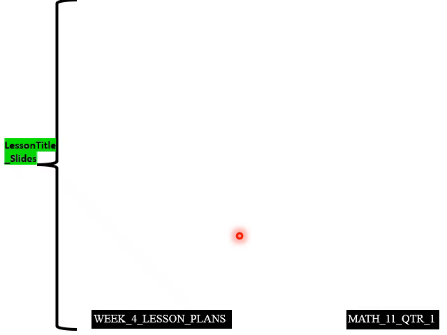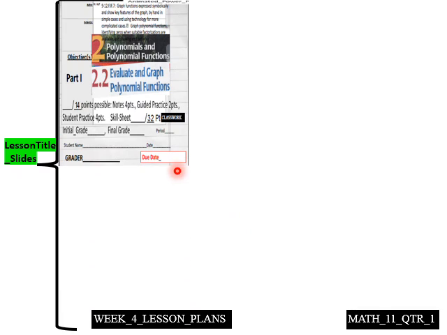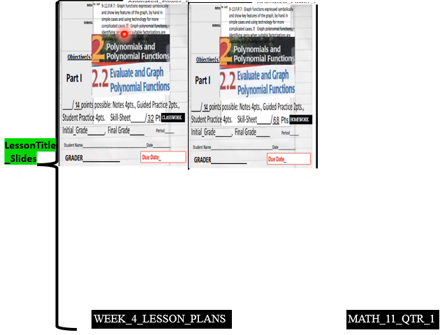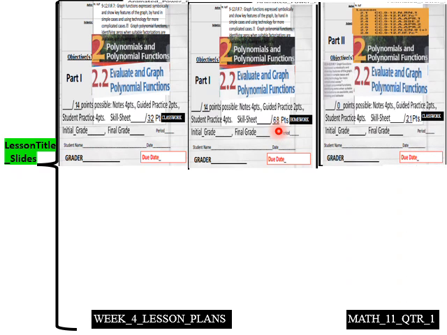And then we move on to 2.2, Part 1 classwork, 32 points, 14 points of note-taking. We go into FIF now for 2.2. And 2.2, Part 1 homework, 68 points of homework.